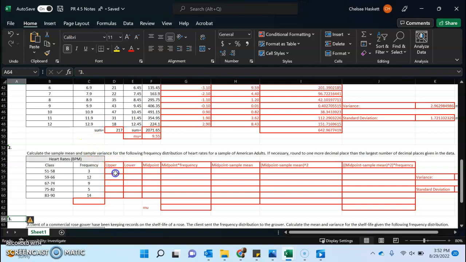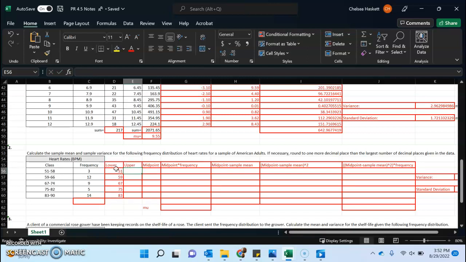So the upper limit, let's just fill these in, 51, 59, 67, 75, and 83. Okay. Oh, that's the lower, sorry. Oh, I have these flipped. Let's do lower first. Lower, this is your upper.